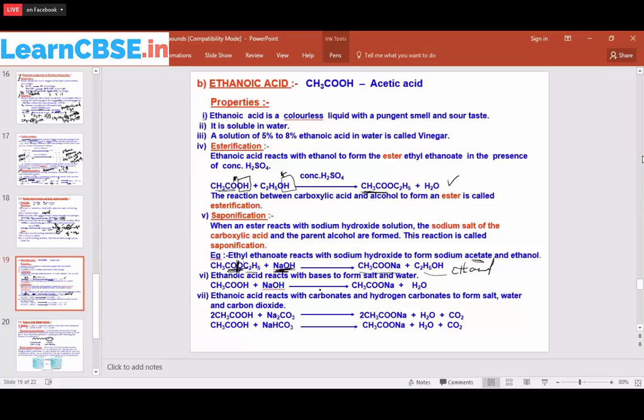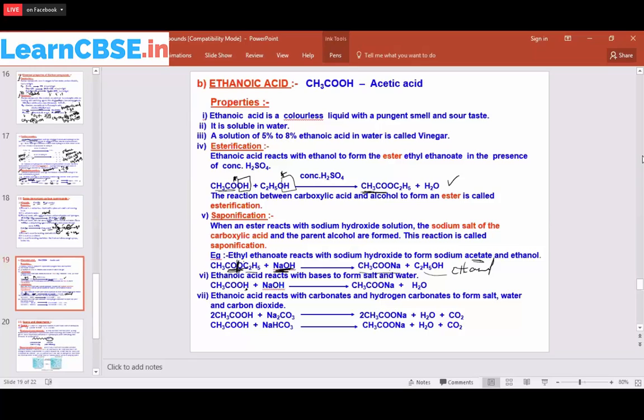Next, ethanoic acid can react with a base. This is the neutralization reaction, because when an acid reacts with a base, usually we get the salt and water. CH3COOH reacts with NaOH. Again, water will be formed.